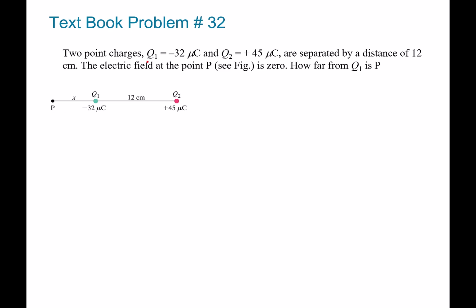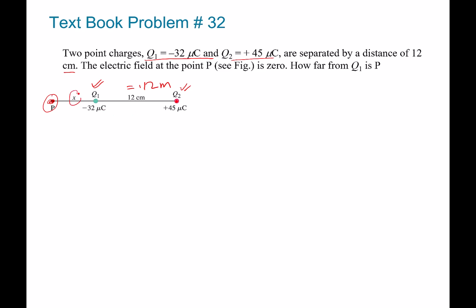Two point charges, minus 32 microcoulombs and plus 45 microcoulombs, are separated by a 12 centimeter distance, and we consider the electric field at point P, which is somewhere far away from these. We have to find what electric field is experienced by P due to Q1, and what it's experiencing due to Q2.